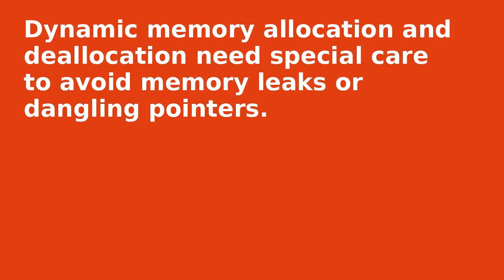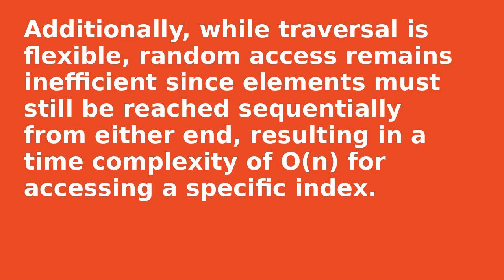Dynamic memory allocation and deallocation need special care to avoid memory leaks or dangling pointers. Additionally, while traversal is flexible, random access remains inefficient since elements must still be reached sequentially from either end, resulting in a time complexity of O(n) for accessing a specific index.